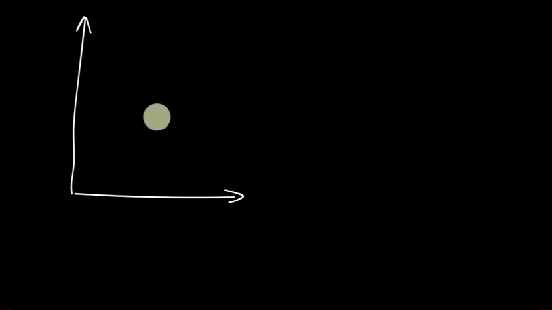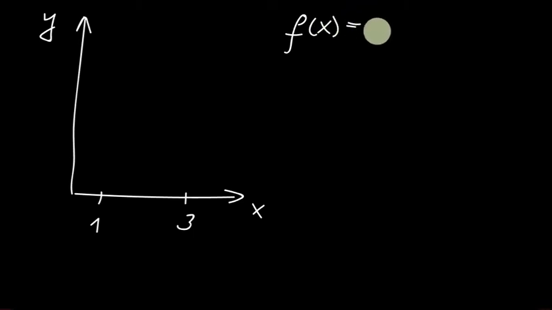Now let's calculate an area under the curve of a function. So let's draw a coordinate system. So this is the x-axis and this is the y-axis. So let's say this is 1, this is 3. So let's say our function is f of x equal to (x minus 3) squared.